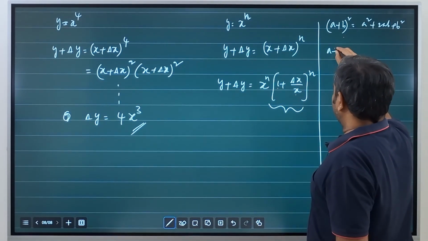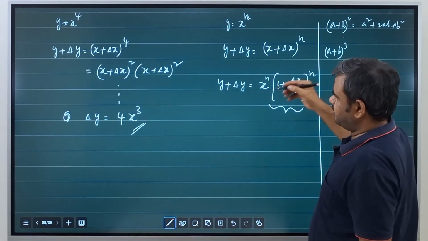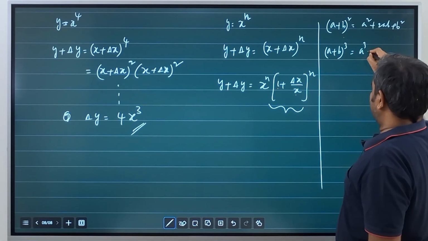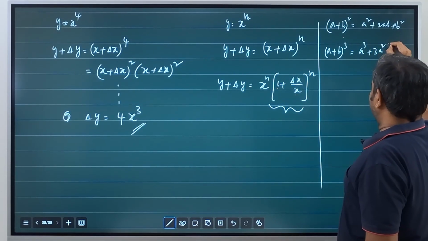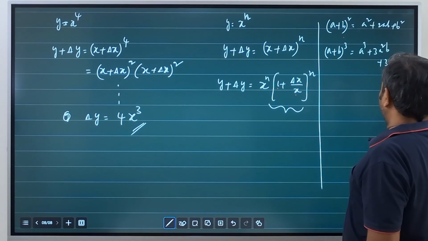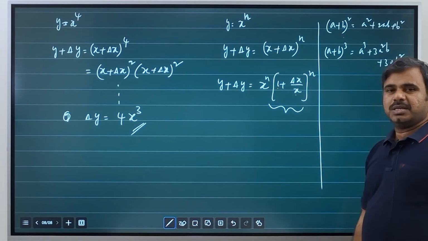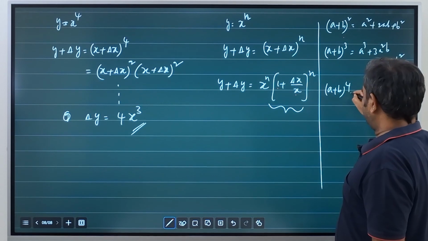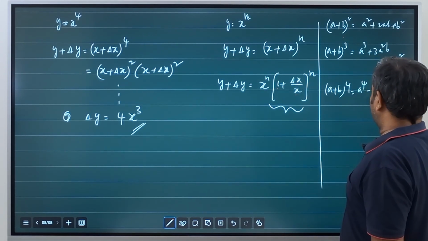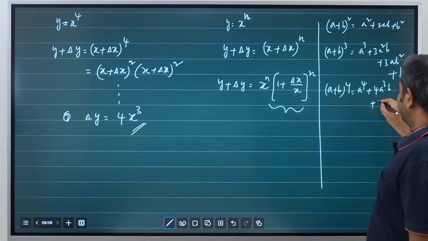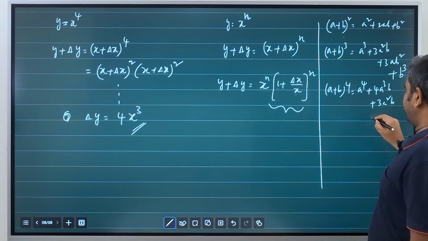Similarly, a plus b whole cube, we just multiplied it in the previous case. A cube plus 3a square b plus 3ab square plus b cube. Similarly, a plus b whole power 4. We can write a power 4 plus 4a cube b plus 6a square b square and so on.